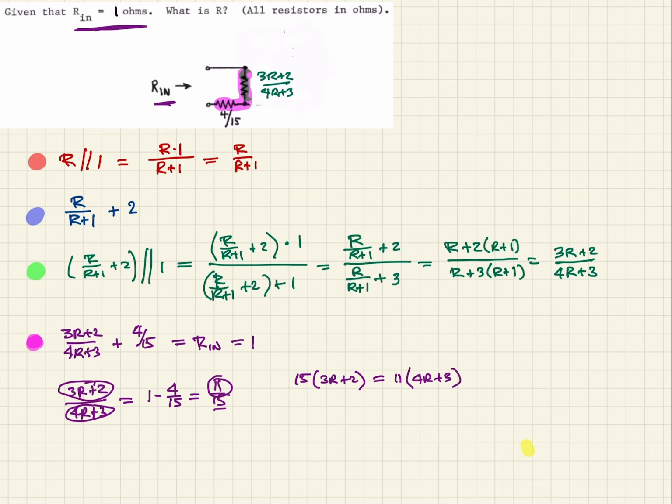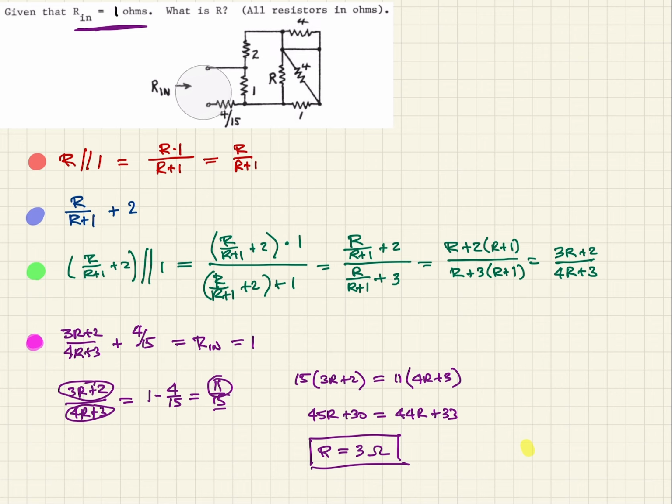And so this will be 45R, just multiplying out, plus 30, equal to 44R plus 33. And so if we subtract 44R from both sides, we'll get R. And if we subtract 30 from both sides, we will get 3. So that means that our unknown resistor has got to be 3 ohms. So if we go back to our original diagram here, this value would be 3 ohms right there.